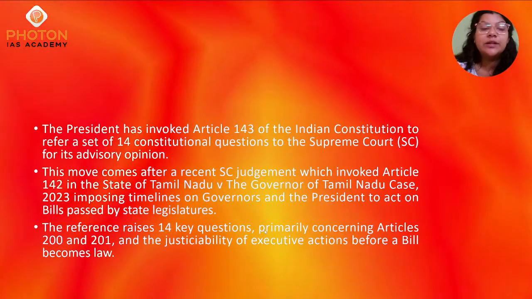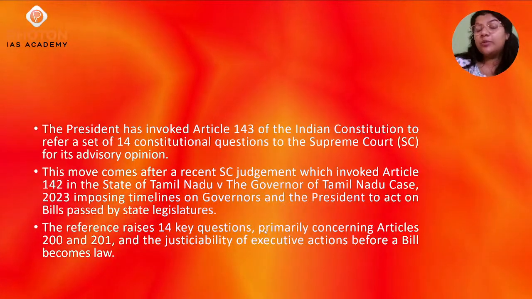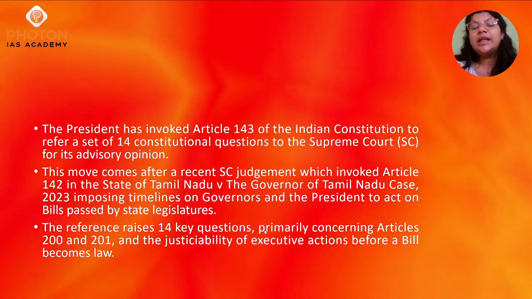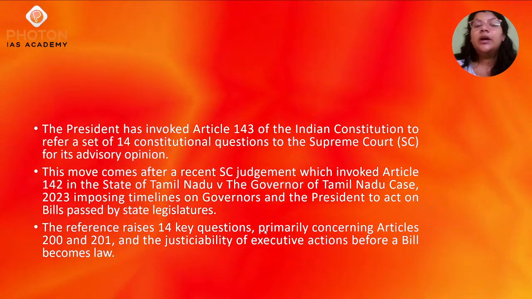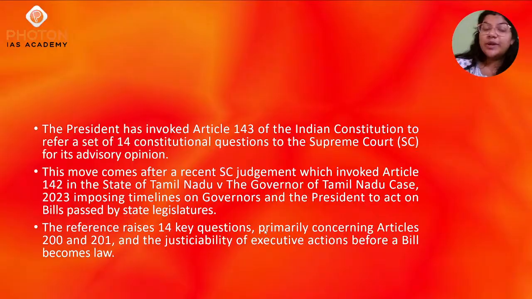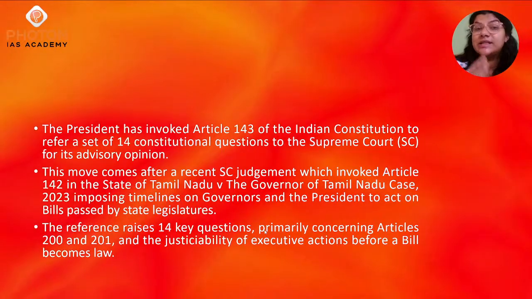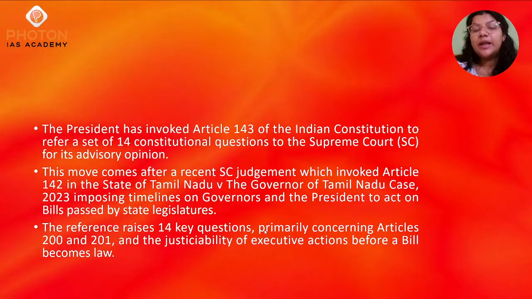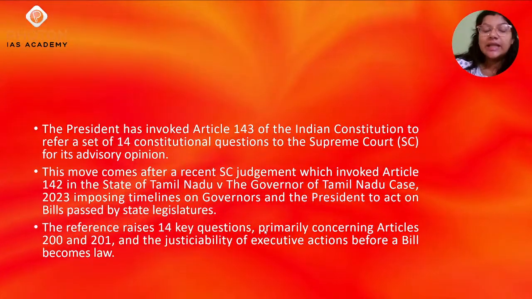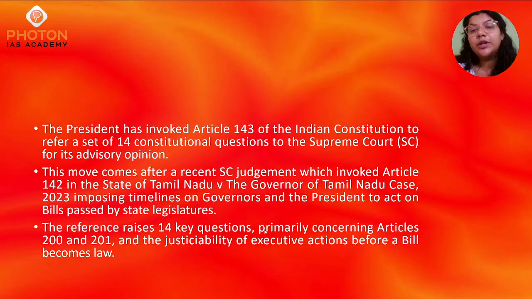I am sure you remember what kinds of veto powers the governor possesses: the suspensive veto, the pocket veto, right? And then he can also reserve the bill for the President, and the President also exercises veto powers on these bills. The President can exercise an absolute veto as well, right? We've dealt with all of these at length in our previous sessions, where we discussed this news.